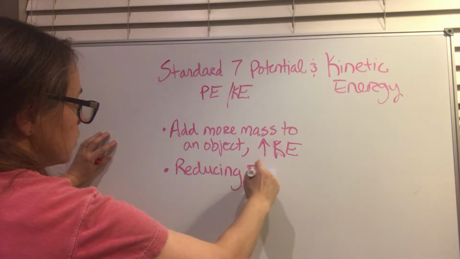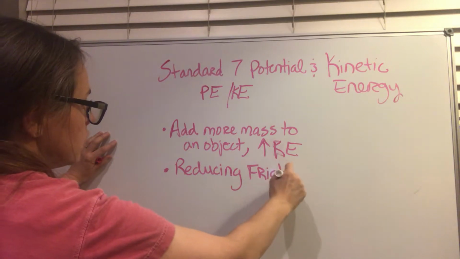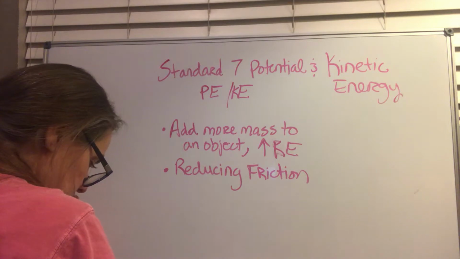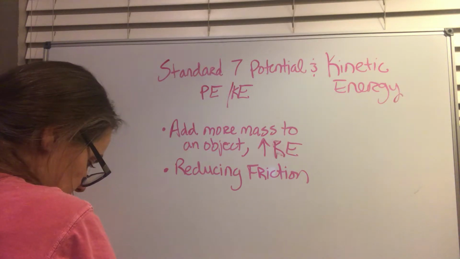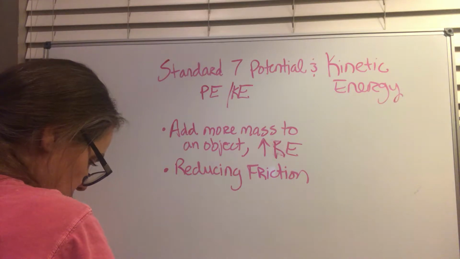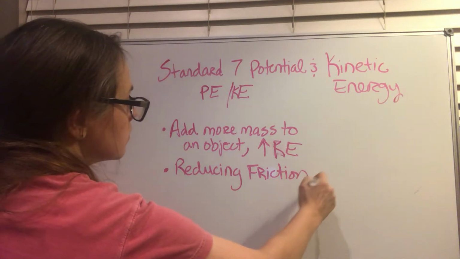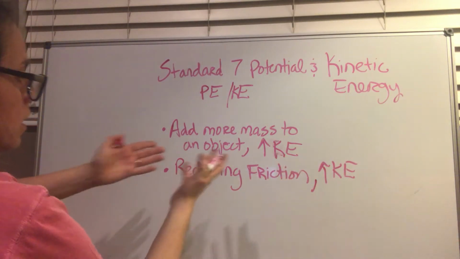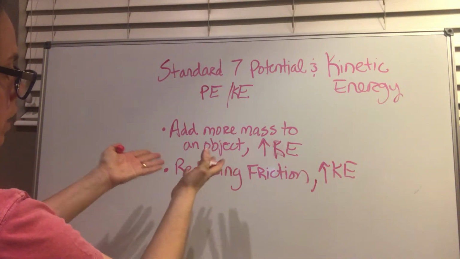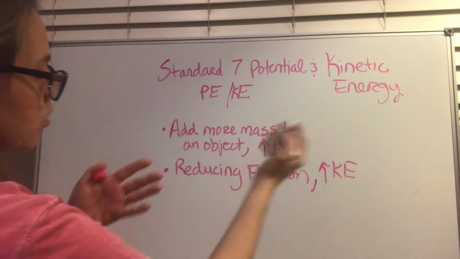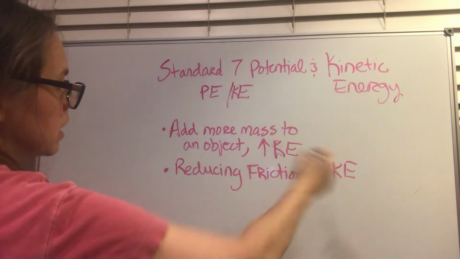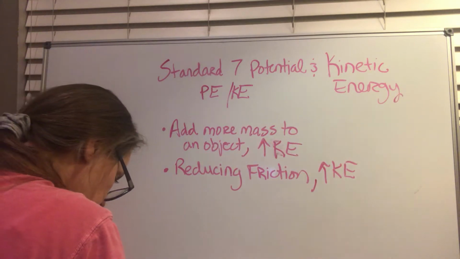So you can oil something to reduce friction. You can add wheels to something to reduce it. There's just lots of things you can do to reduce friction, but whenever you do, you're increasing kinetic energy. So we're talking laws here. This would be, when we reduce friction, we increase kinetic energy. So again, this would be the independent variable, and that would be the dependent variable.